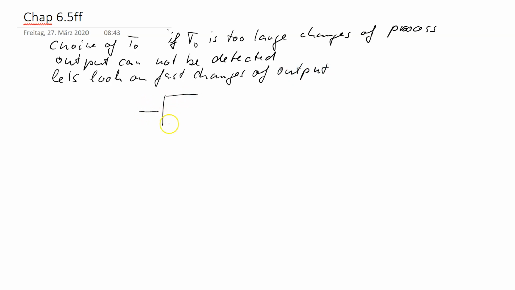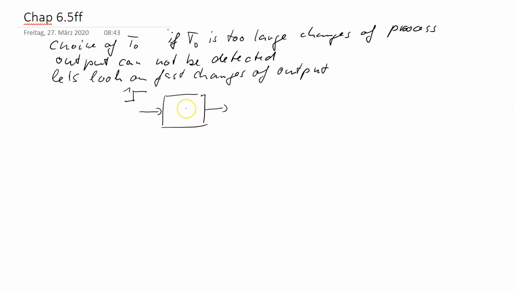Let's look at a very simple block. The fastest change you can get is if you have the fastest change of the input, and the fastest change of an input is a step. So we assume a step function at the input and then check how fast the output is changing.